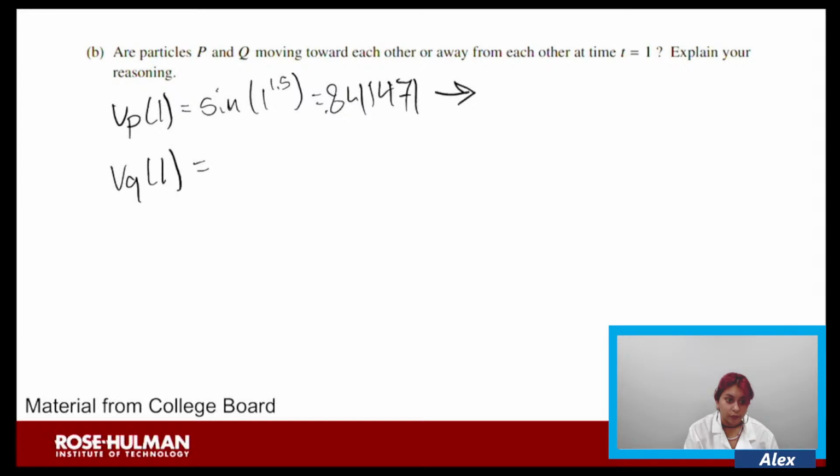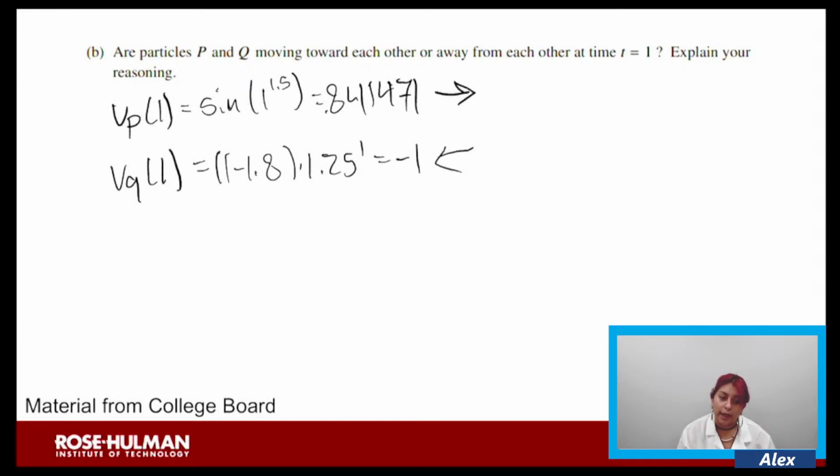And so because it is positive, it is moving to the right. And so for this one, we have 1 minus 1.5 times 1.25 to the 1 power, which gives you negative 1, which is less than 0, a negative number, so this one's moving to the left.